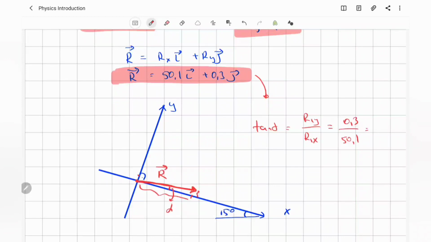It's 0.006 approximately, and the arc tangent of 0.006 equals 0.34 degrees. You see, a very small angle.